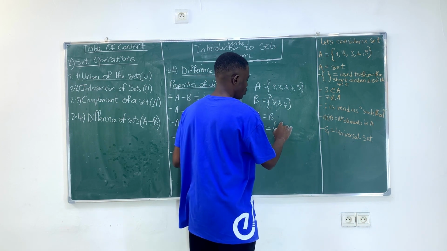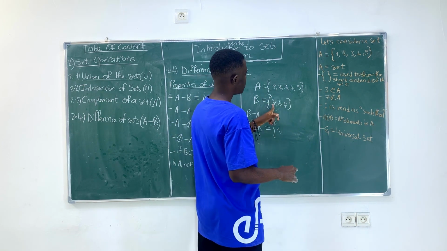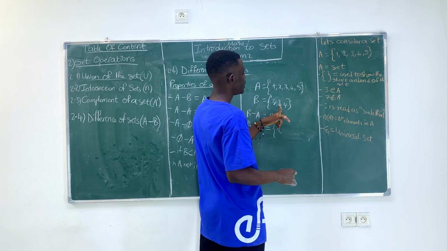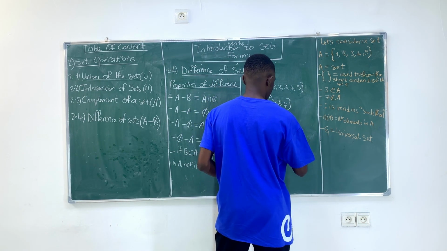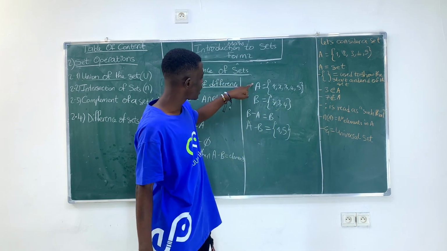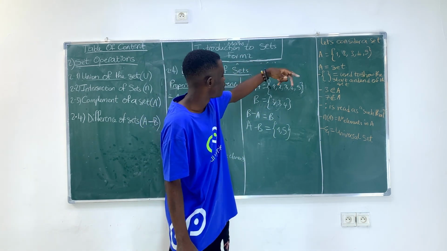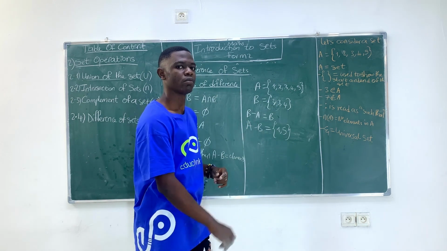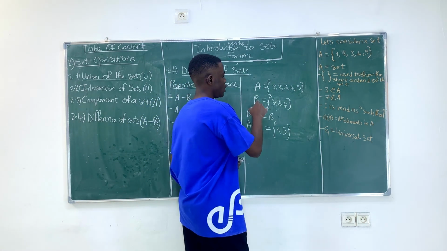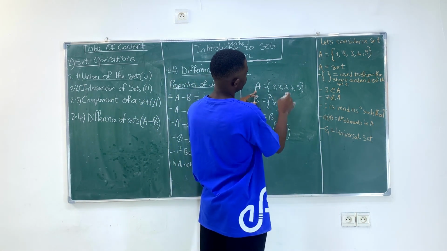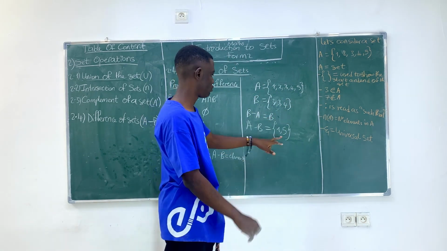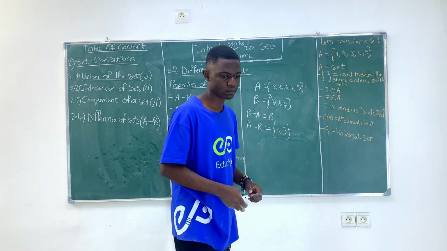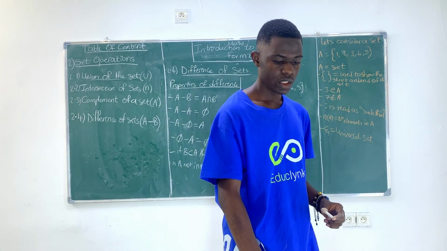No. Is 2 found in this B? Yes. Is 3 found in this B? Yes. Is 4 found here? Yes. 5 is not found here, so you write the 5 there. So A minus B is elements of A which are not found in B. As we were saying, from this A you remove B. If you remove 2, 3, and 4, you'll be left with 1 and 5. Just like this.